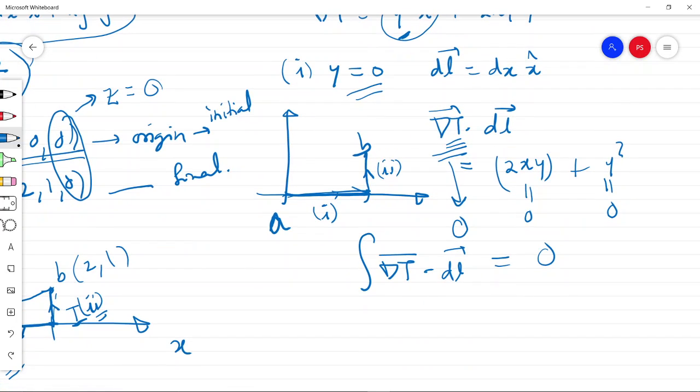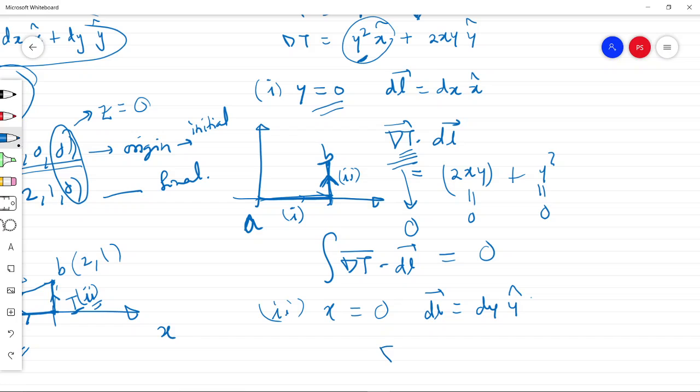Now take the next path. This corresponds to x being equal to 0, since we are always moving along the y direction. So dl bar in this case is dy y cap. And as we can see, in grad T, this x term goes to 0, but this term remains.